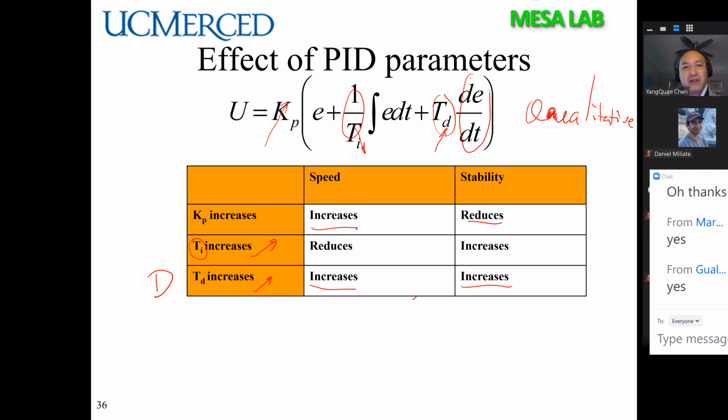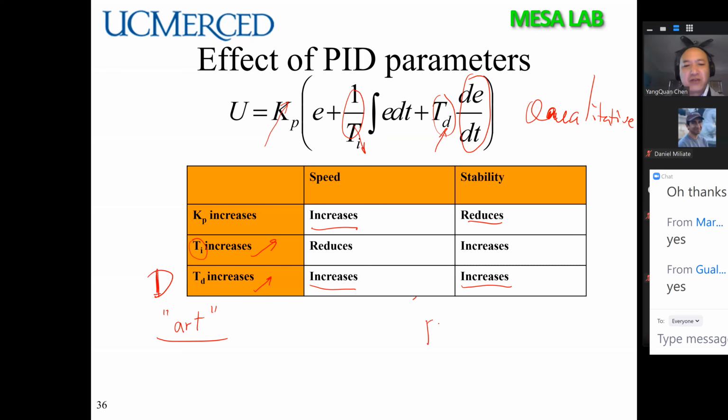But this one will give you lots of noise amplification. And the D, if you do not use it well, you actually will mess things up. So I think how to use the D properly becomes an art.